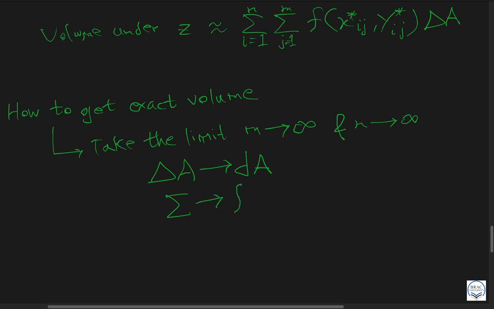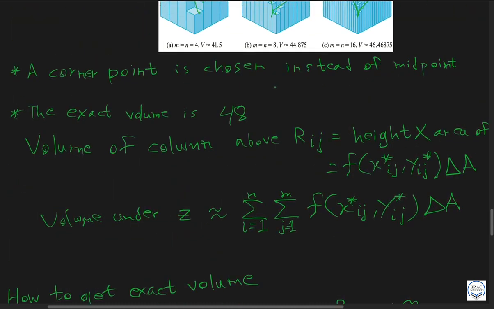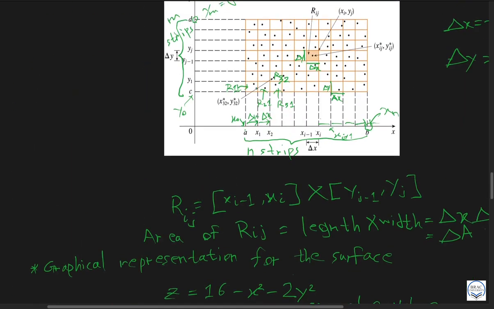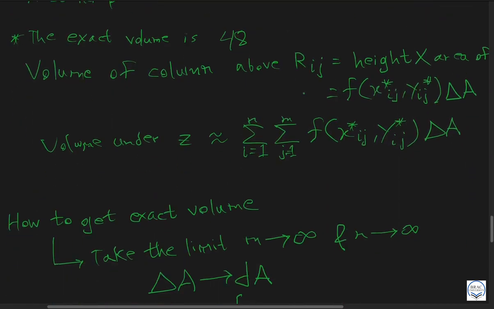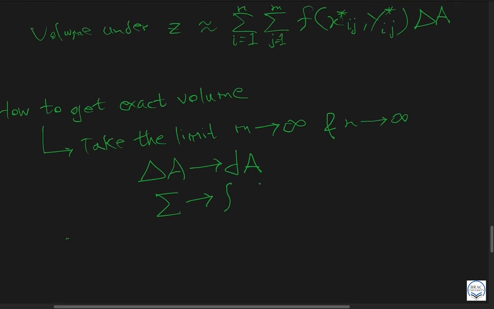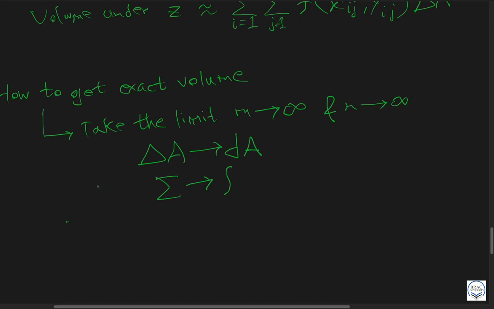And both of these sums will go to integrals. The sum will be denoted as an integral. Also note that as the rectangular regions get smaller and smaller, infinitesimally small, we can just say that there is one point, and that point is just x and y. There will be no star.